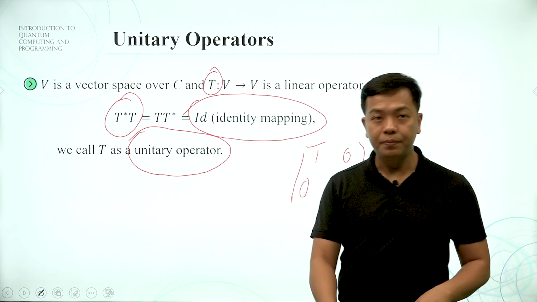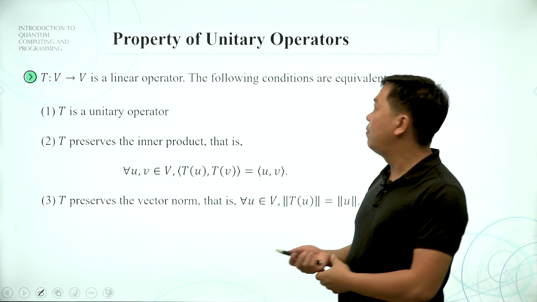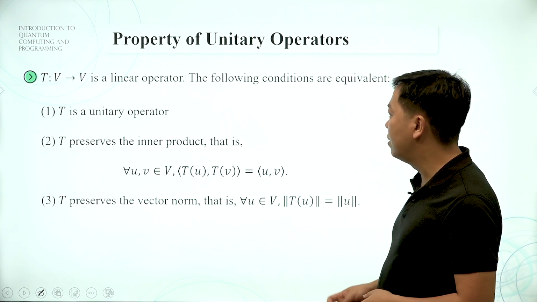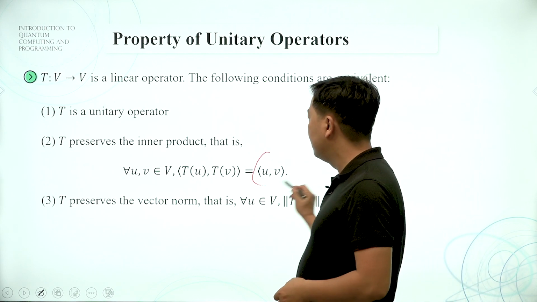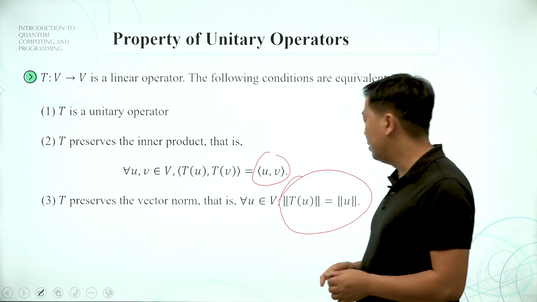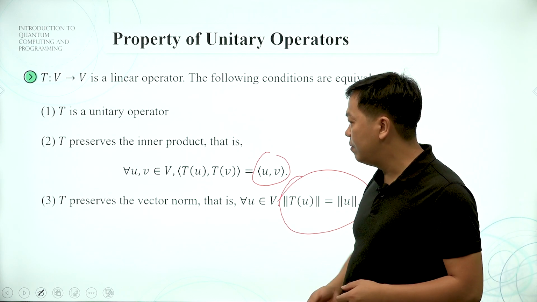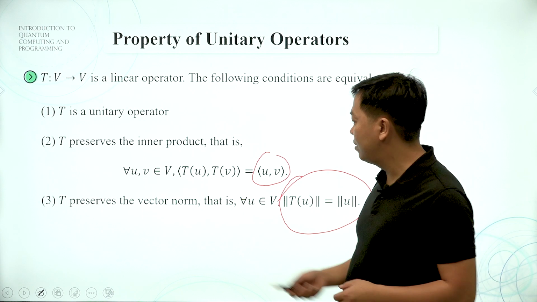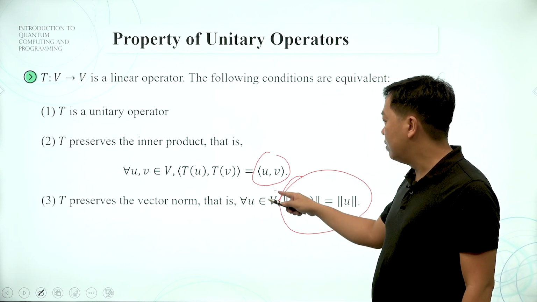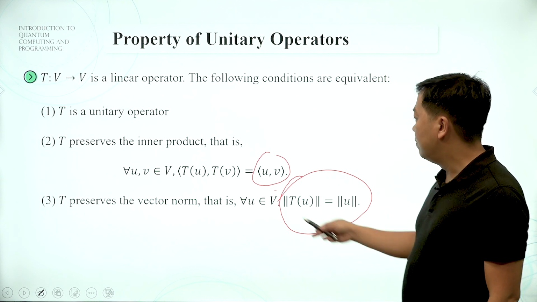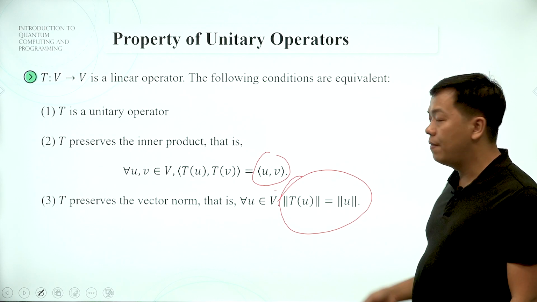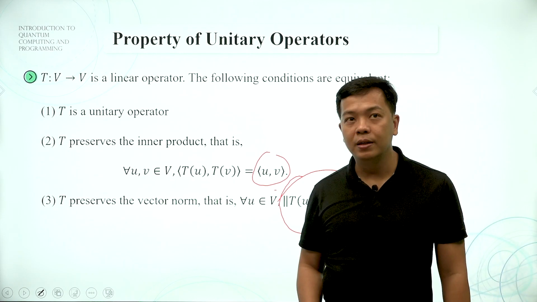Okay, now the property of the unitary operator, which is actually important: T preserves the vector element. So if vector u equals vector v, then after the linear operator we have the same length.